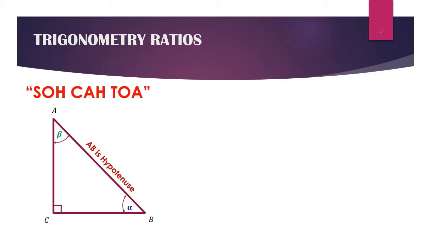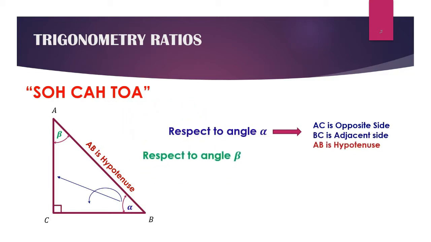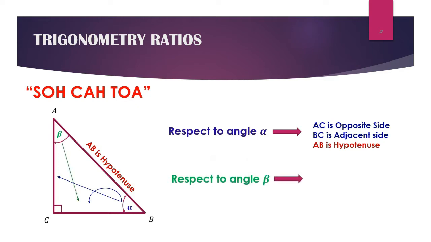With respect to angle alpha, AC is opposite side and BC is adjacent side. Automatically AB is hypotenuse. But with respect to angle beta, BC is opposite side, AC is adjacent side, and AB is hypotenuse.